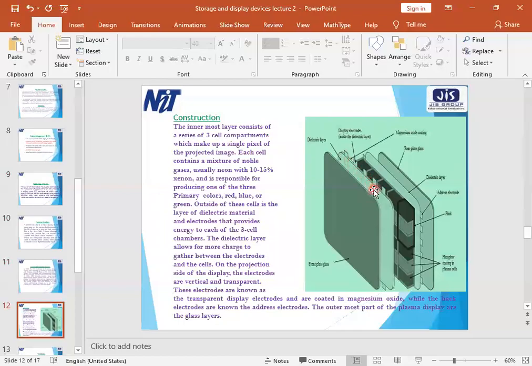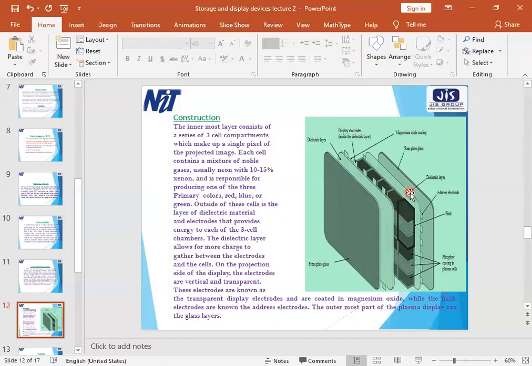Each cell contains a mixture of noble gases, usually neon, with 10 to 15% xenon, and is responsible for producing one of the three primary colors. Coloring effect will be seen only when we will use the neon and xenon gases. These two are the noble gases. So there are three primary colors, red, blue or green, which will be produced due to the mixture of noble gases of neon and xenon. Outside of these cells is the layer of dielectric material.